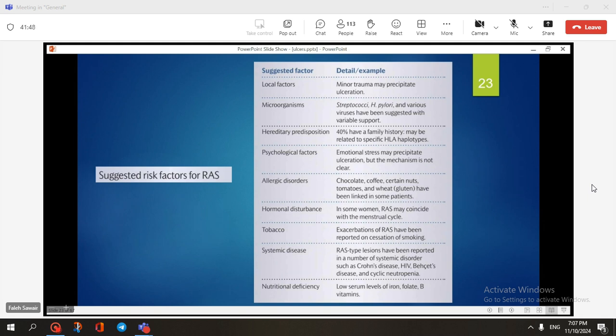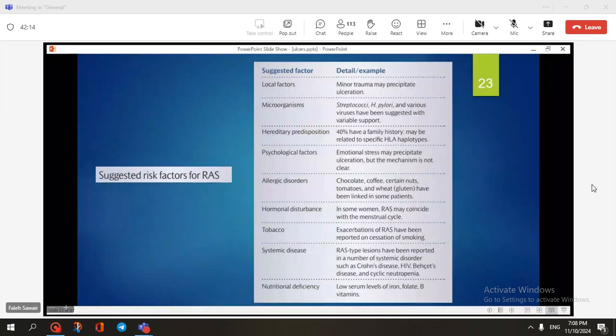Systemic diseases: as we said, the aphthous ulcers are connected with certain systemic diseases like Crohn's disease or Behçet or HIV or other GIT disorders. But in the vast majority of patients, they have no systemic diseases.